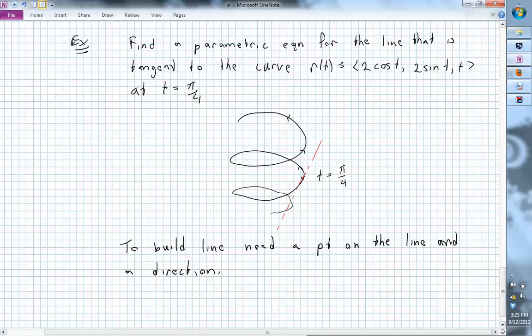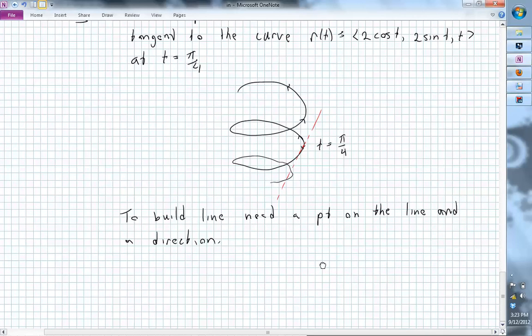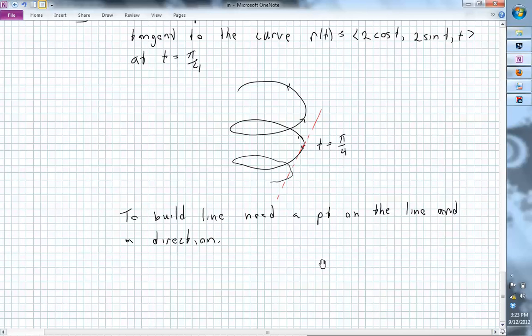Point on the line, how do I get that? I can plug pi over 4 into r of t, which we can consider as a position function. And I get root 2, root 2, pi over 4. Good.